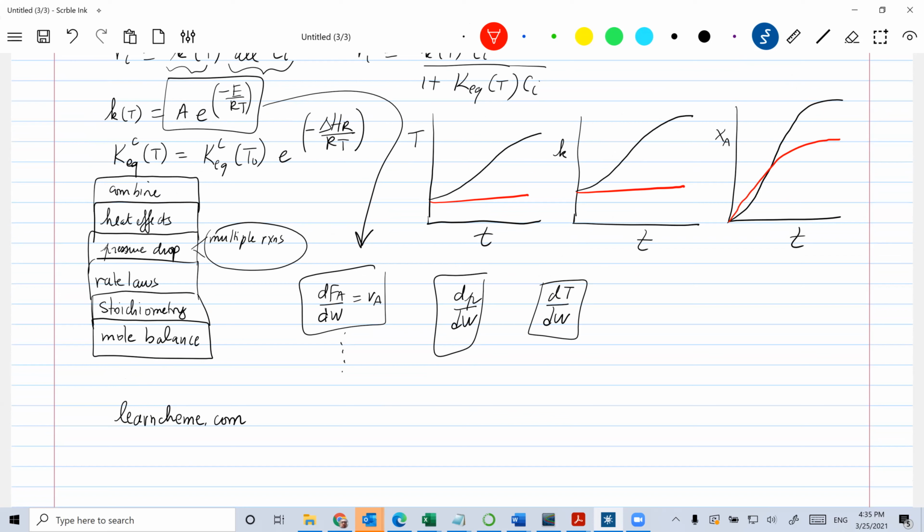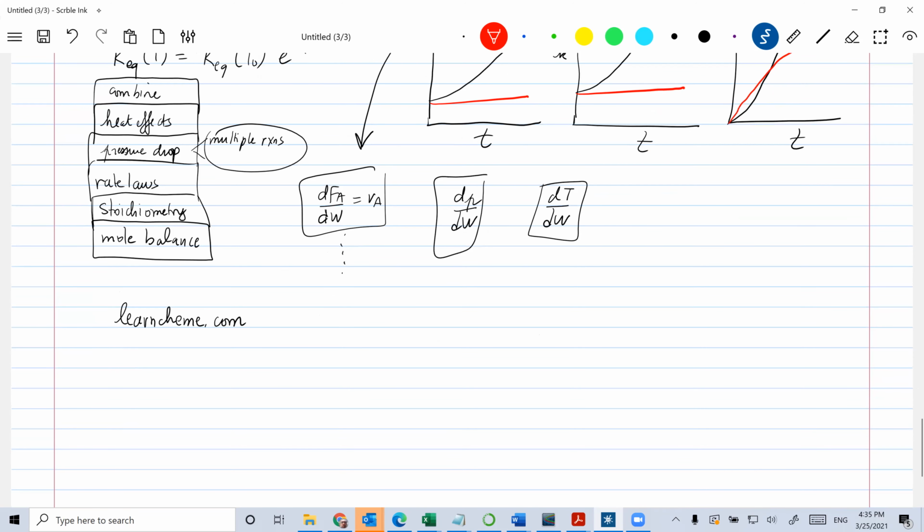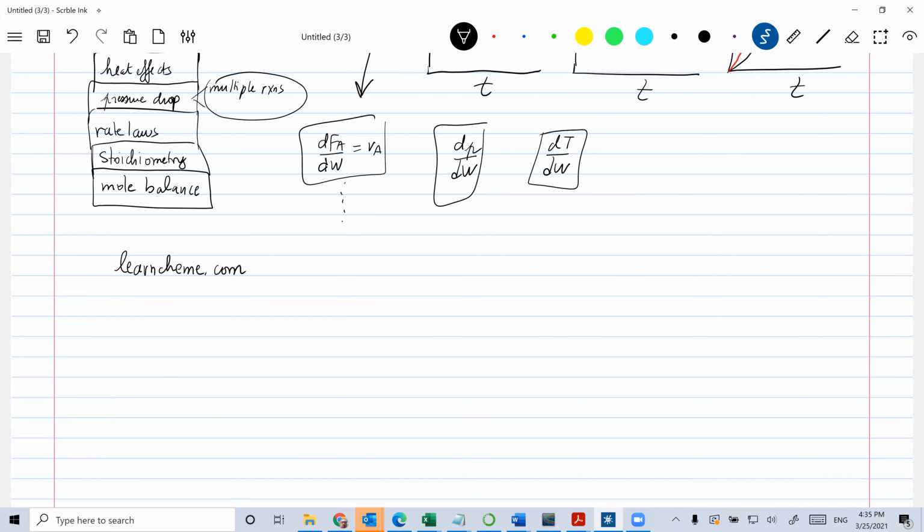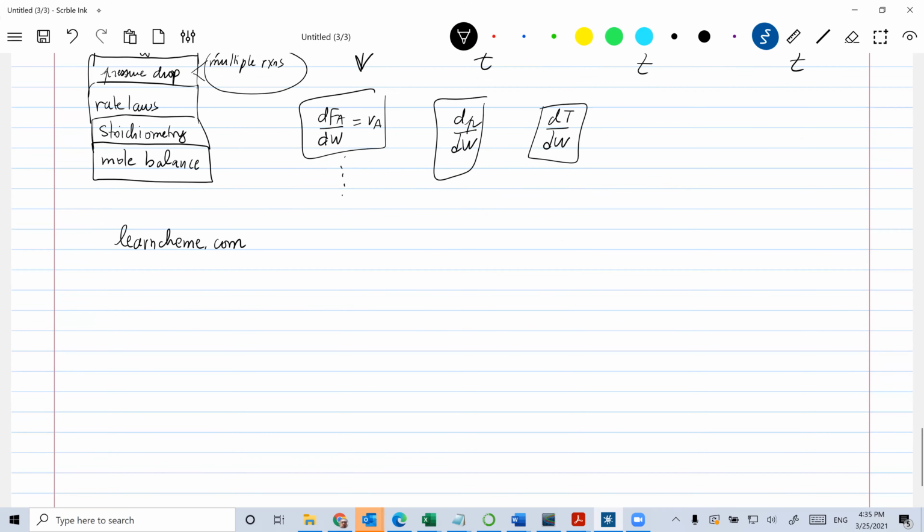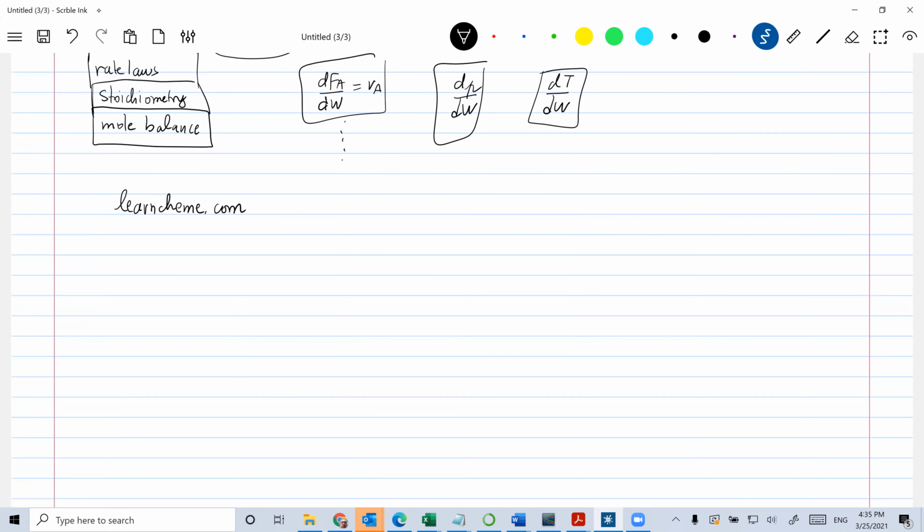On the other hand, if the reaction is exothermic but it's an equilibrium reaction, increasing temperature decreases your rate. We'll get to how you can look at equilibrium reactions as well. It's going to be a very fun topic. I would rather not cover as much on external transport effects, to spend more time on energy balances, because I think they really make the whole course give you a very wholesome picture.